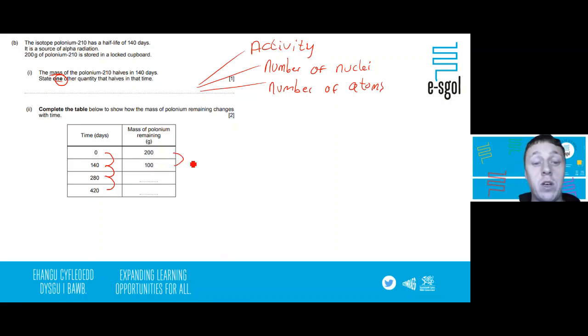So all we have to do is calculate the half value each time working down. So 200 to 100, 100 to 50 because we just halved 100, and then the final answer is 25 because we half it again. So this question's a nice question if you remember the topics within isotopes and half-life.